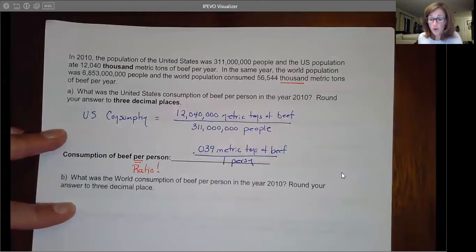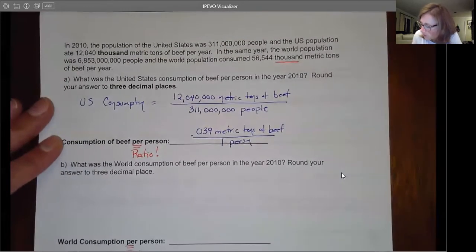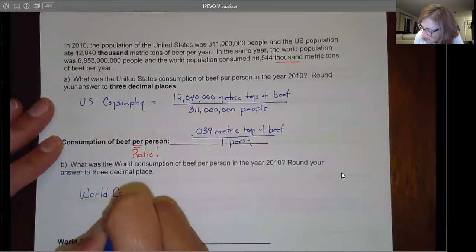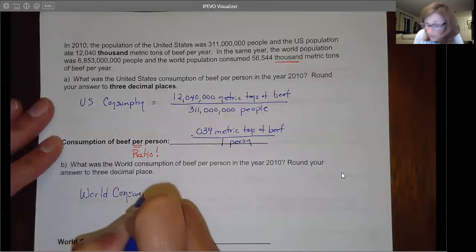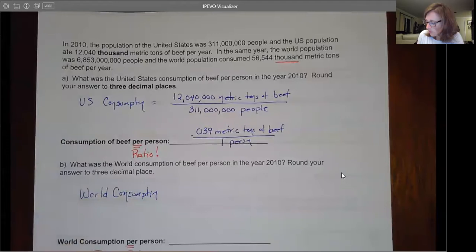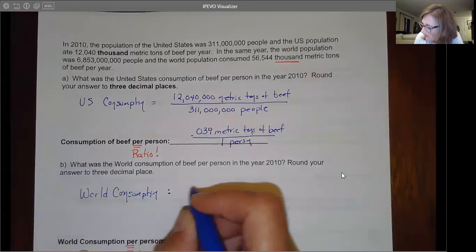All right, let's look at the world consumption. Okay, ready? Now look, it tells you what to do. It's world consumption of beef per person. So we want beef on the top.